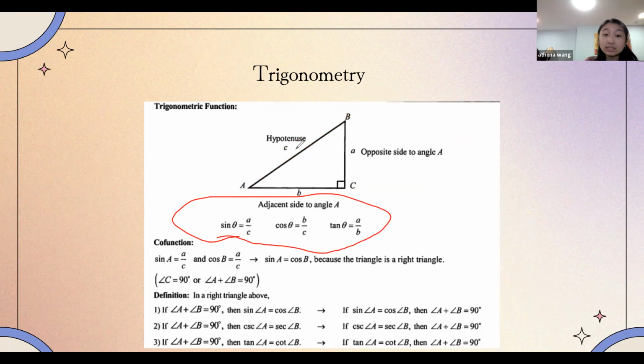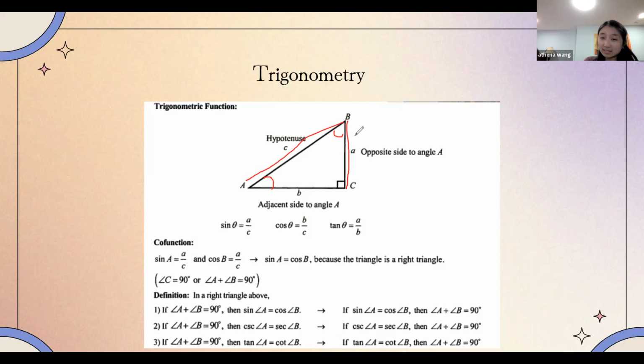And then there are these cofunctions. That means that if there's sine of A and cosine of B, we know that sine of A is equal to cosine of B, because sine of A is BC over AB, and so is cosine of B, since it's the adjacent over the hypotenuse.